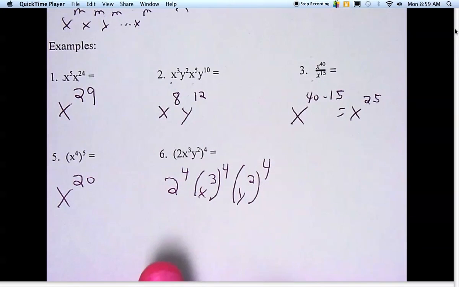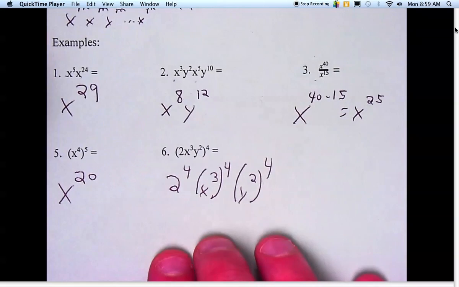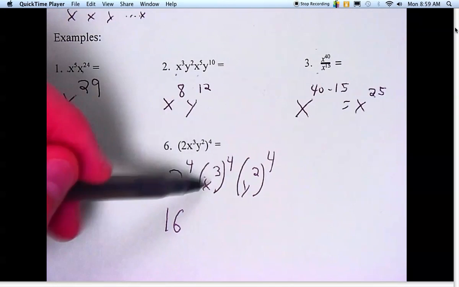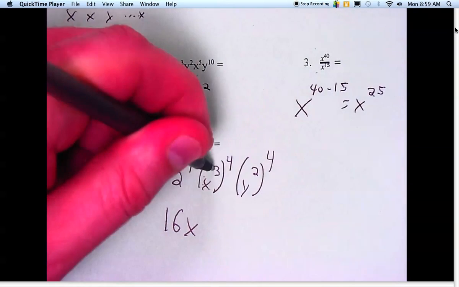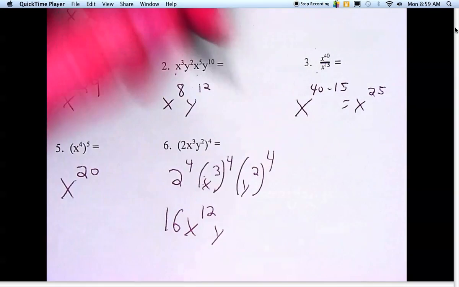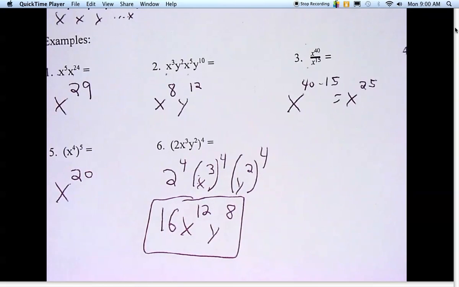Now I'm going to figure out 2 to the 4th, so that's 2 times itself 4 times. So 2, 4, 8, 16, so that 2 to the 4th becomes 16. And then it's the power to a power rule twice. So 3 times 4 is 12, and 2 times 4 is 8. So that's the simplified version of that first one. So hopefully that makes sense, and we'll do a few practice problems together now.